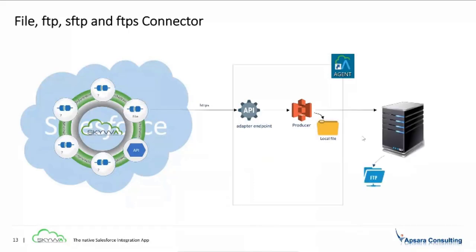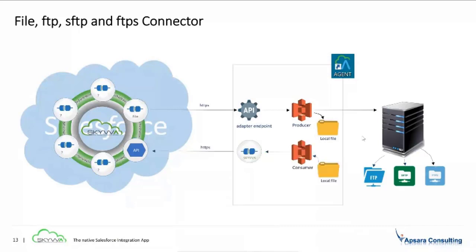If you are using FTP, you have an FTP server somewhere in your organization, and you want to write the data into an FTP server, or into an SFTP server, or into an FTPS server. That you can do to transfer data to a different data location.